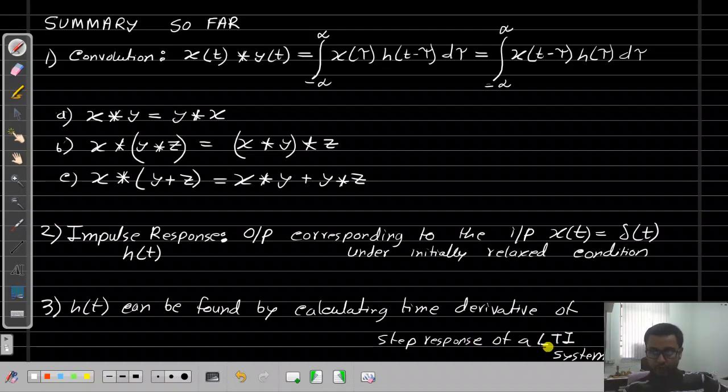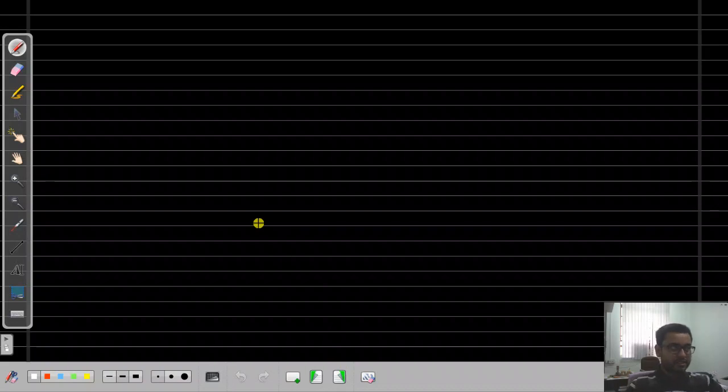This may not be true in general, but it is true for LTI systems. Next, for LTI systems, from the impulse response, you can say whether it is causal or memoryless or stable, etc.